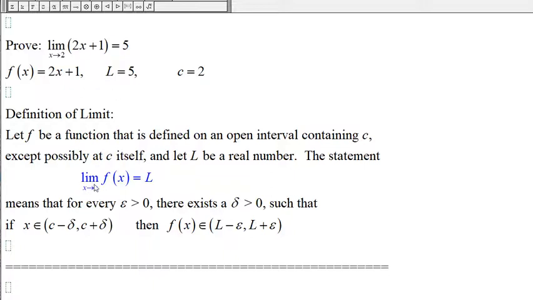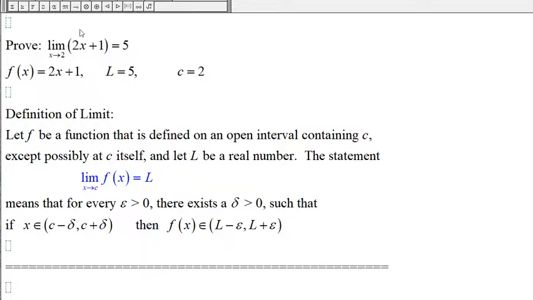To prove that the limit of f of x is equal to L, L in this case is 5, as x approaches C, C in this case is 2, we must show that for every given epsilon, epsilon is just a small number like 0.01, we must be able to come up with a delta number such that if x is inside the interval of C minus delta and C plus delta, then the corresponding y value, or f of x, must be inside the interval L minus epsilon and L plus epsilon. So that's what the definition of limit says.